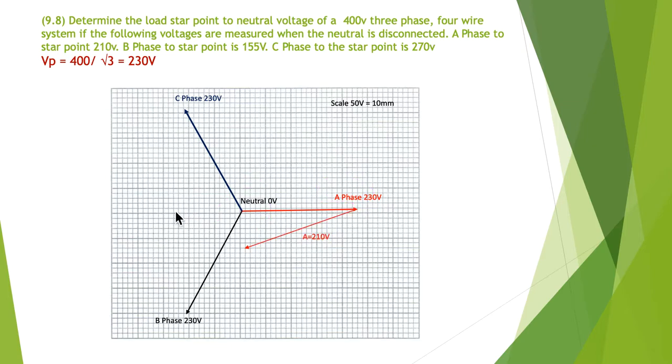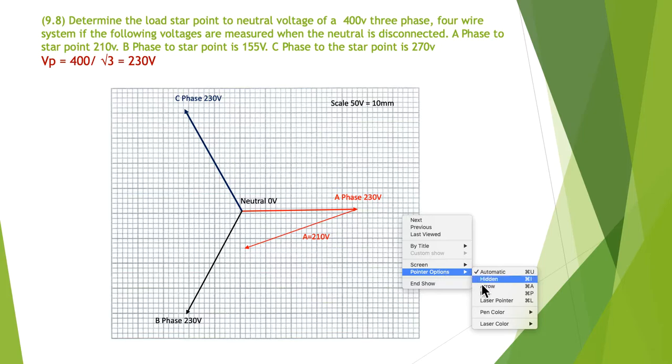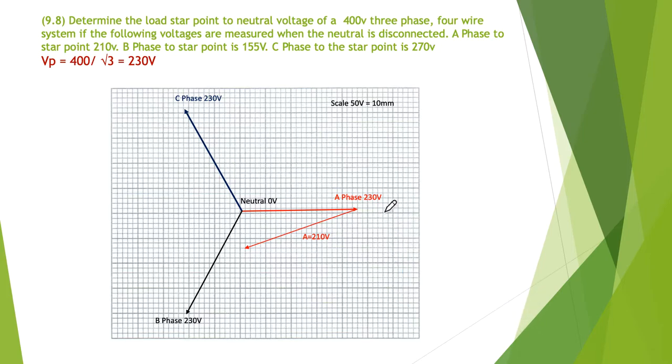So our next thing is to take the A phase and get your length on a compass. It's important you do this with a compass and you do it accurately. So we've scaled this phasor out here at 230, but it tells us that the A phase voltage when the neutral is disconnected is 210.